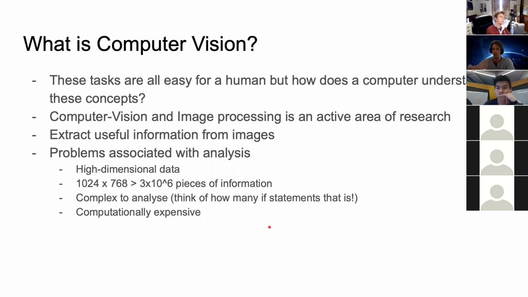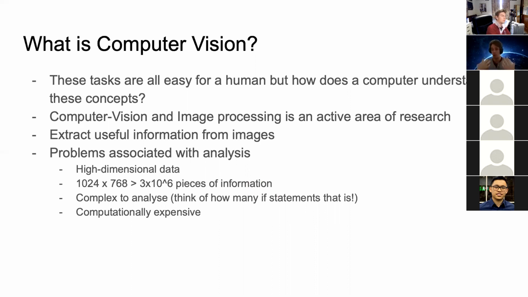They have lots and lots of information inside them. So if you take a 1024 by 768 image, this has more than 3 million bits of information in it, just raw data, right? So to try to analyze each of those by themselves in the way that we're used to analyzing data is really tricky because there's so much information.